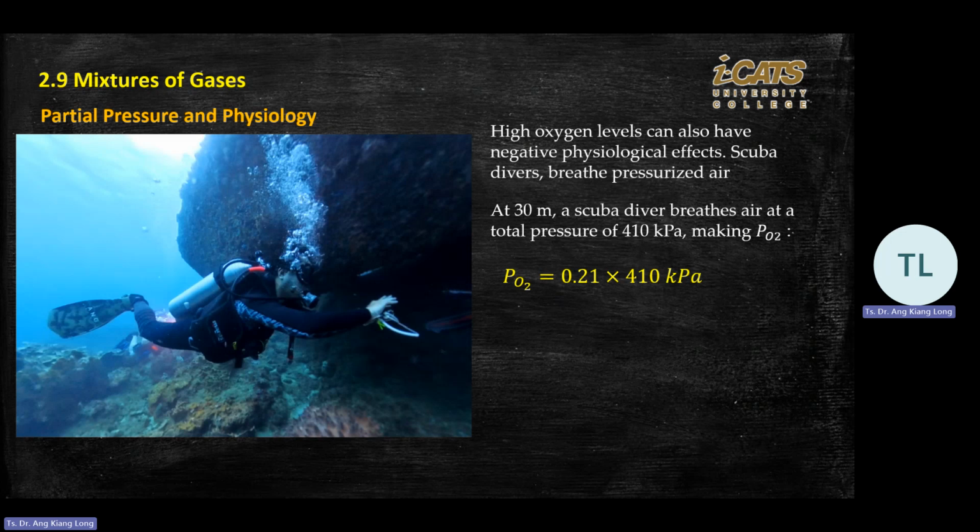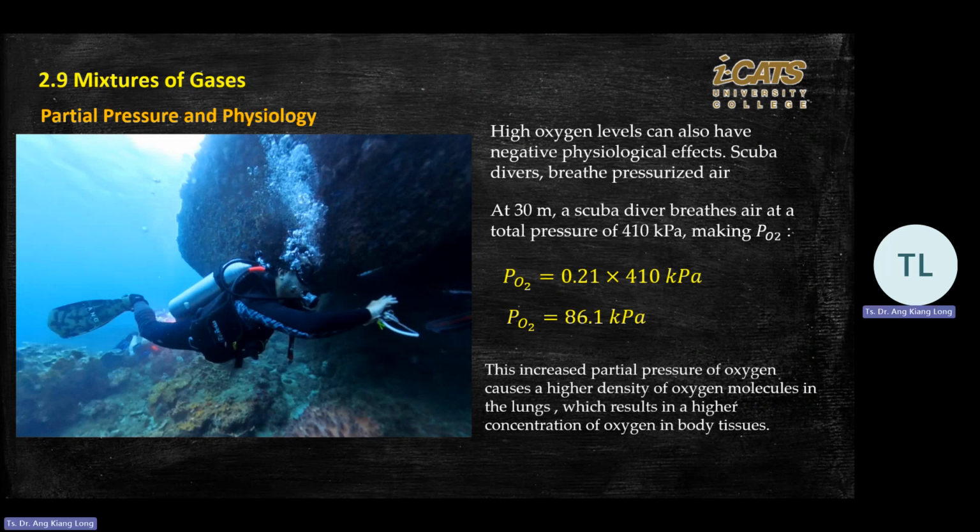The oxygen fraction is always the same, because in the oxygen tank, we compress the air. Compressed air, we take air from the atmosphere, so the fraction is always the same, 21% multiplied by 410. You will get 86.1 kilopascal. So actually in the lung of the diver at 30 meters, you actually take in 86.1 kilopascal.